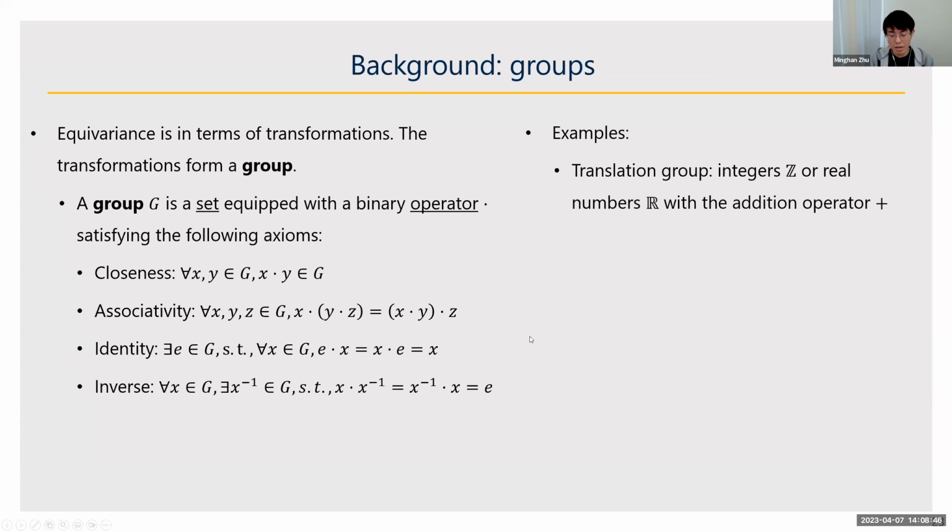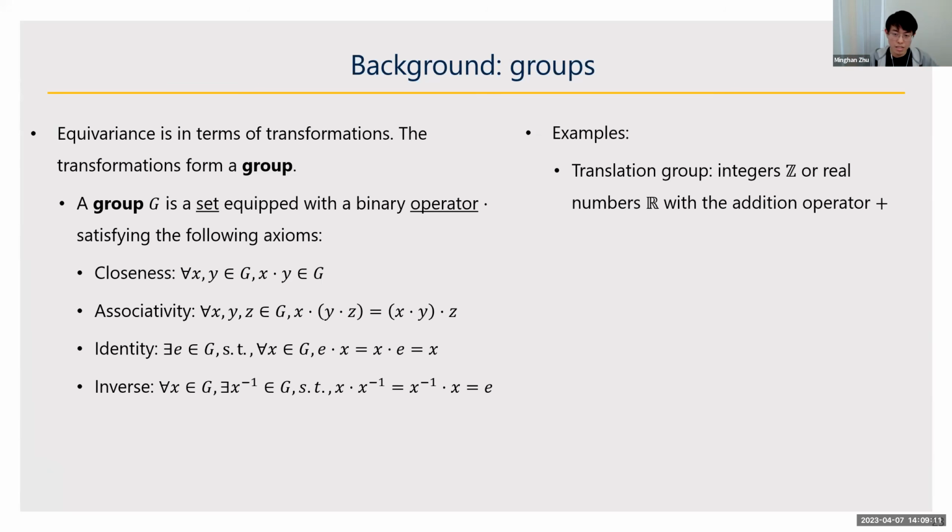And examples are very simple. For example, integers or real numbers, when they are equipped with the addition operator plus, form a translational group. Basically, you just add and subtract the numbers, and they correspond to, for example, in an R2 plane, moving the image contents around in the image plane.